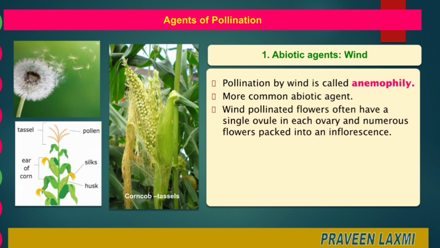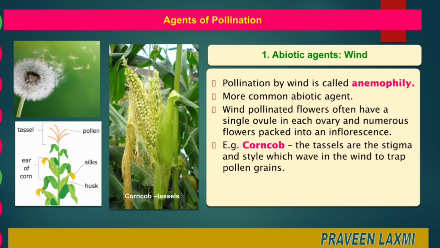So wind pollinated flowers often have single ovules. The flower which is undergoing wind pollination should have what? A single ovule in each ovary and numerous flowers packed into an inflorescence. For example, the corn cob.